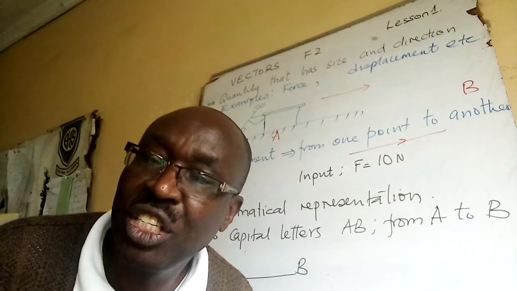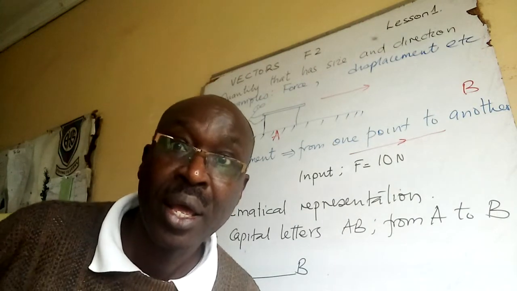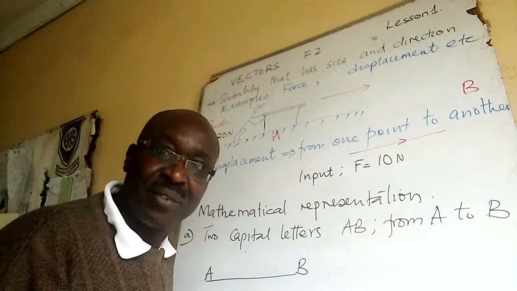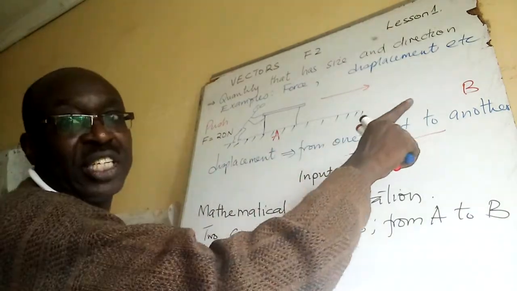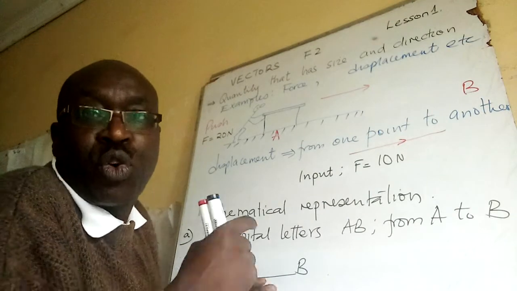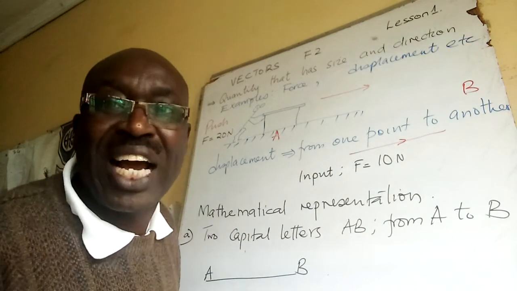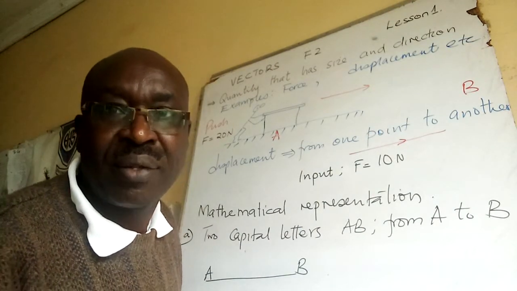And that direction is different from BA. So already the direction is there. From A to B, what again are we going to measure?